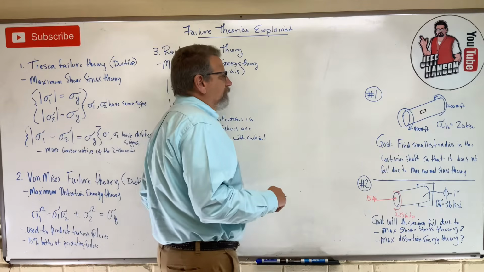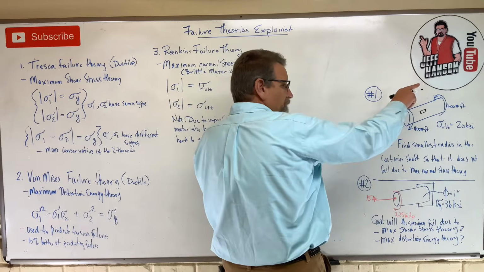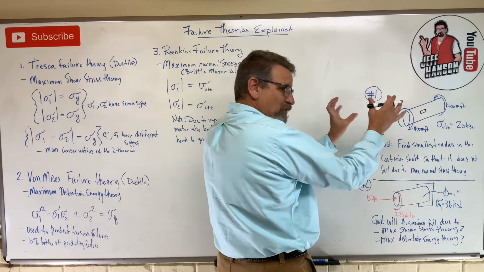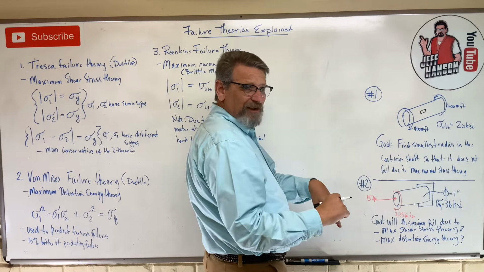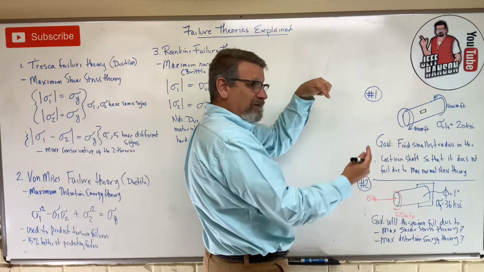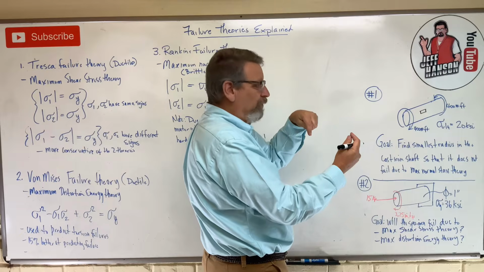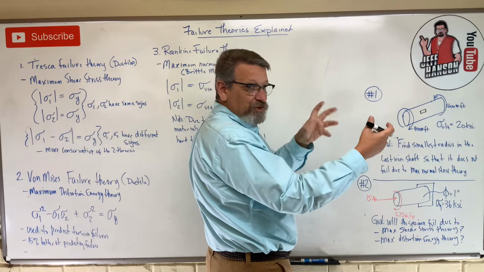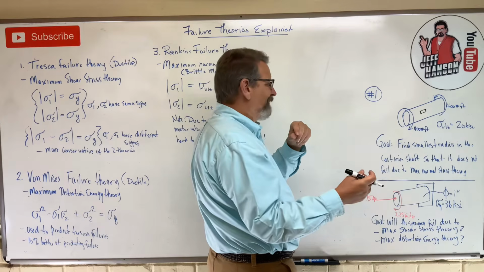Well, is there anything stretching you? P over A? No. Anything bending you? MC over I? No. Are there any shear forces? Transverse shear? No. Is there any TC over J, torsion shear? Yes, there is, right?